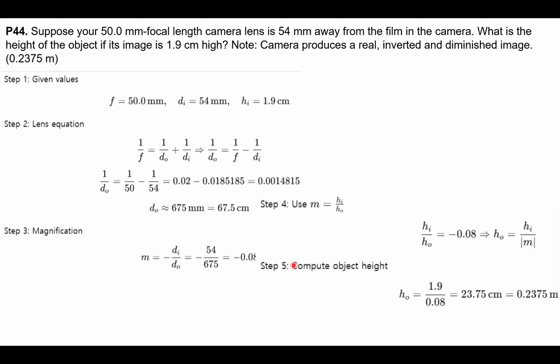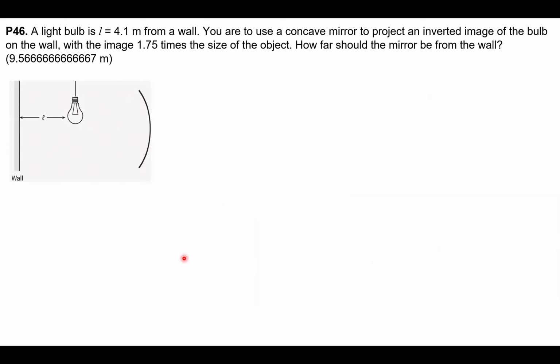So once again, it is the combination of two formulas: the lens formula and the magnification formula. Note that it is related to hi over ho, so distance or height will give you the magnification factor.